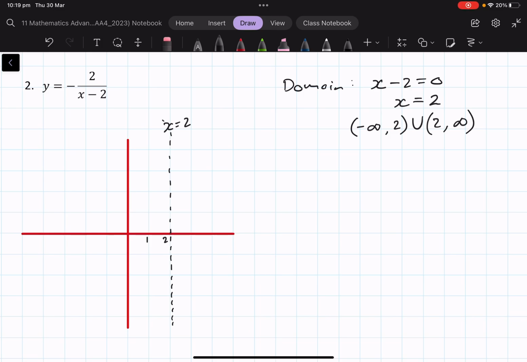So that's my vertical asymptote. I'll just use some abbreviation. x is equal to 2 is my vertical. And my range, I will tell you straight away, you notice that you've got a constant here.